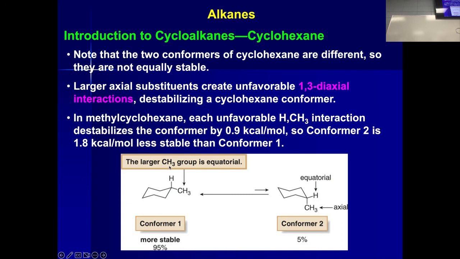So what does that tell you? The one on the right is more stable. So what does that tell you though? Is methyl group bigger or smaller than hydrogen? Bigger. So where do I want to put big groups on a cyclohexane? Outward. I always want them to be equatorial if they can be.